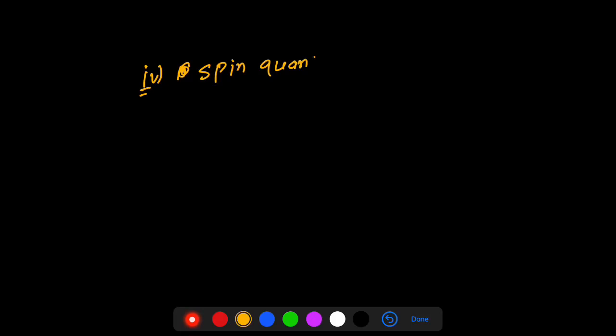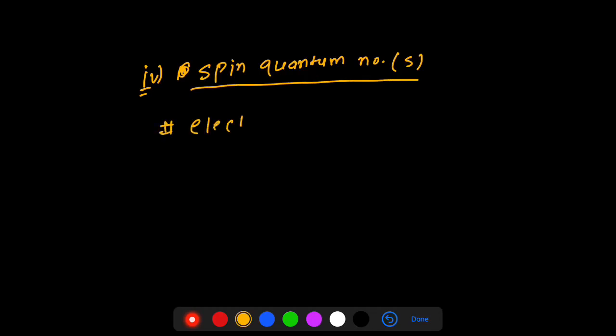Now we are going to learn about the last quantum number, which is the spin quantum number. Let's denote it using s.